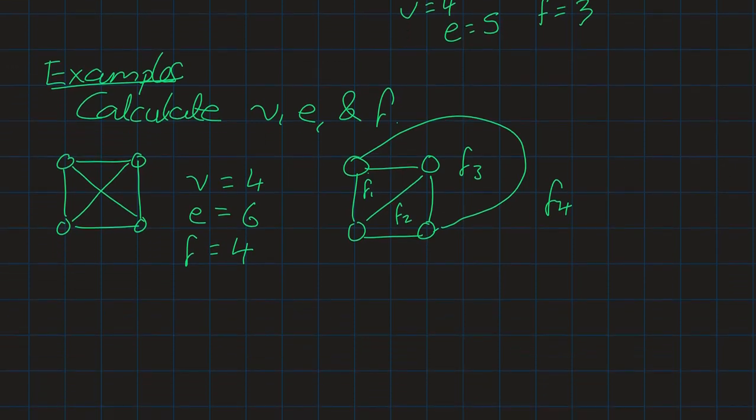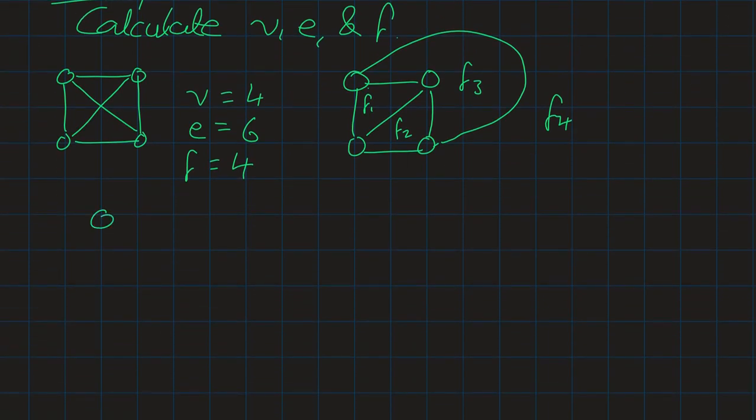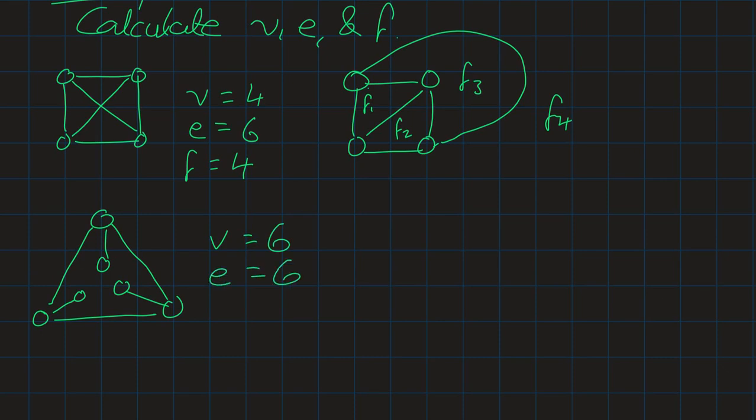It's really important that before you can count the number of faces, you need to redraw it with no edge crossings. I can do an example that looks a bit like this. So if I draw something like this, then V is equal to 6, E is equal to 6, and F in this case, well, there's a face on the interior and there's a face for the whole of the outside.